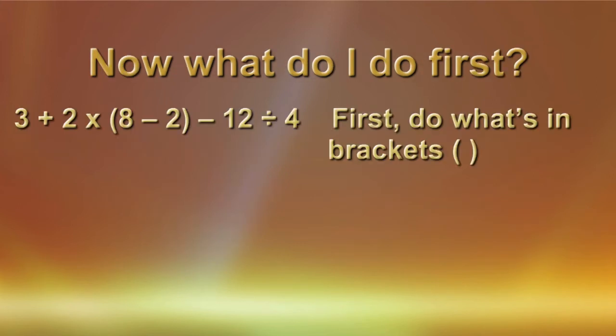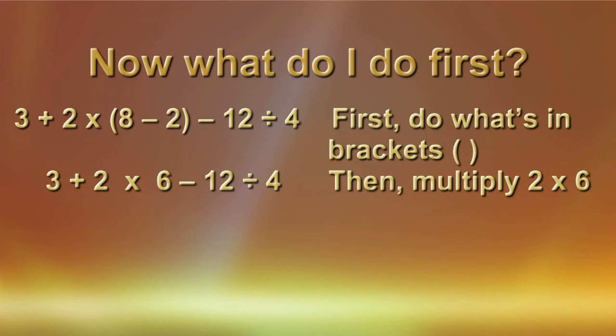Now what do I do first? Here we have brackets. So we have 3 plus 2 times, in brackets, 8 minus 2, minus 12, divided by 4. Well, first, do what's in brackets. Whether it's multiply, divide, add, subtract, do that first. So 8 minus 2, that's 6.